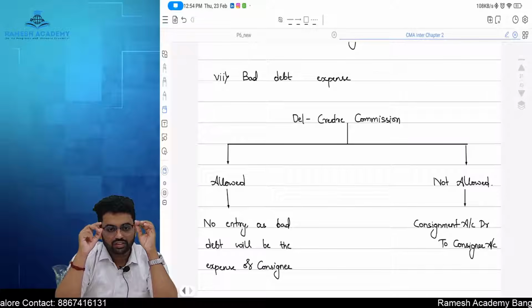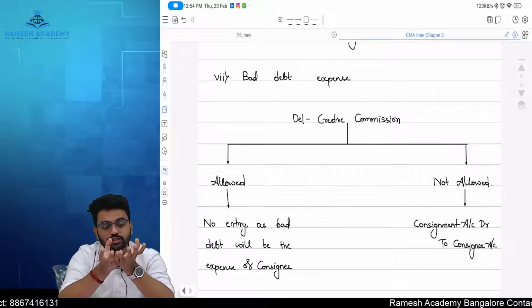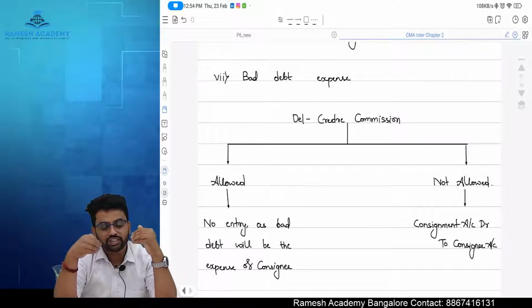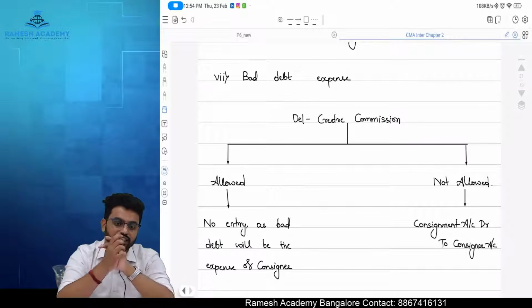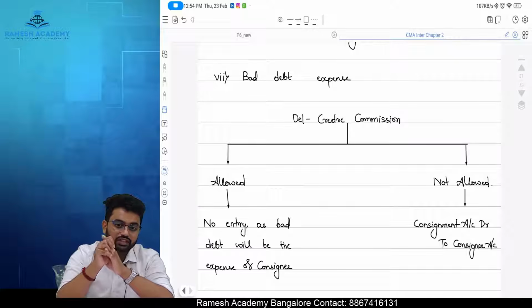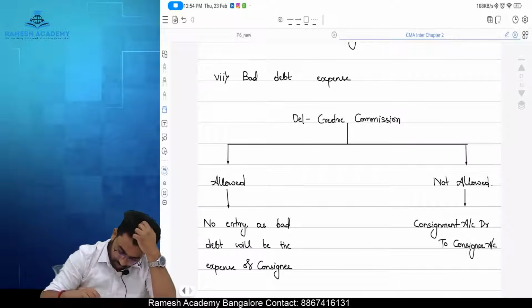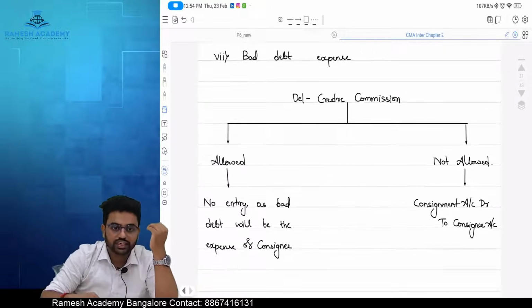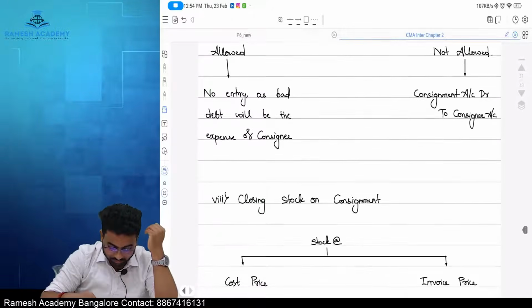He can pay us only 90,000 rupees because bad debt is not his expense, it is our expense. He will deduct it from the money payable to us and send the remaining. So we credit his account for that amount. The entry will be consignment account debit to consignee account.